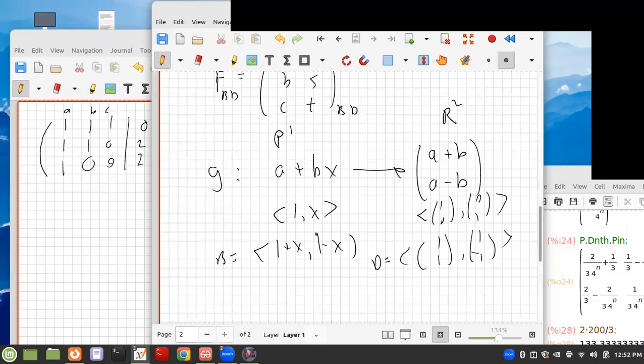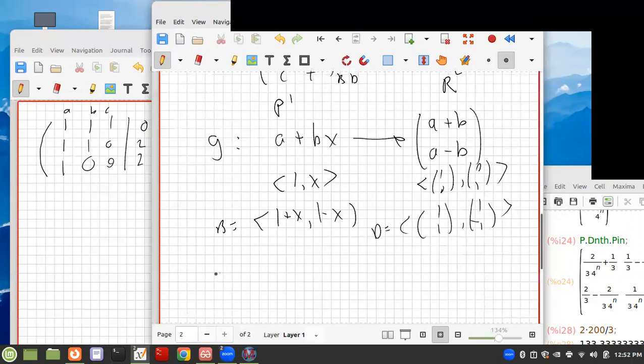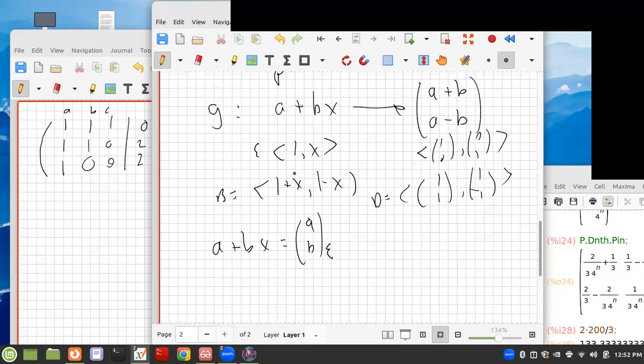And the crucial point is that each of the vectors here has a representation as a column vector. This is the representation in the standard basis, but it's going to have a different representation in this basis. So if I wanted to know the representation of this vector in this basis, I'd say that's equal to P times 1 plus X plus Q times 1 minus X, right?